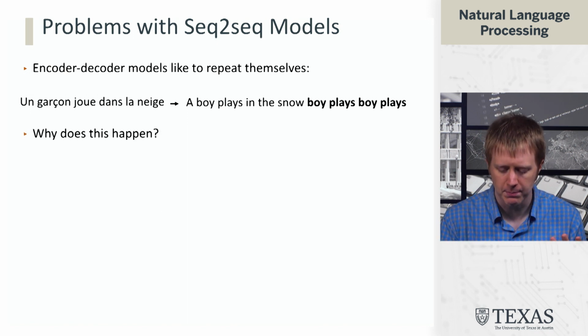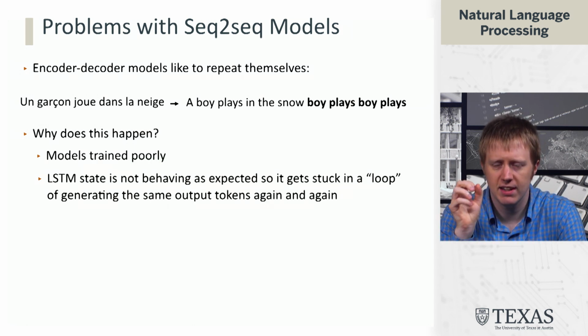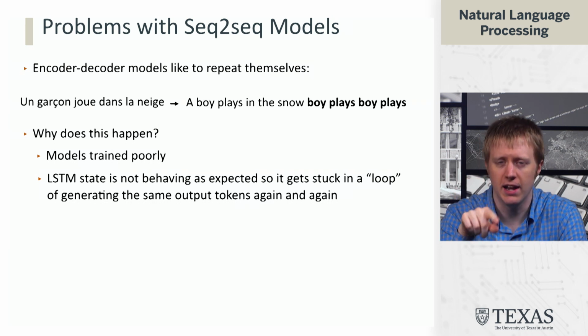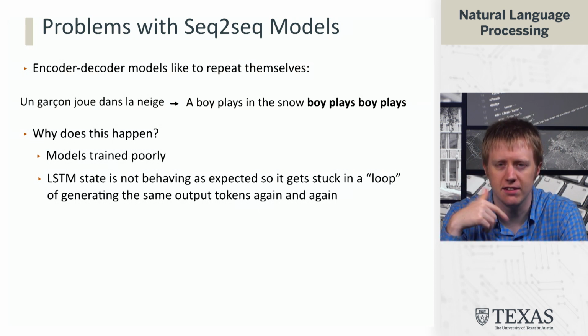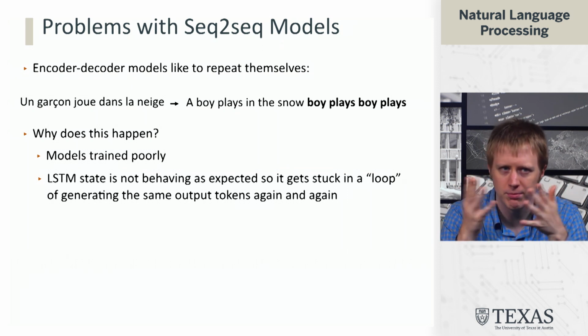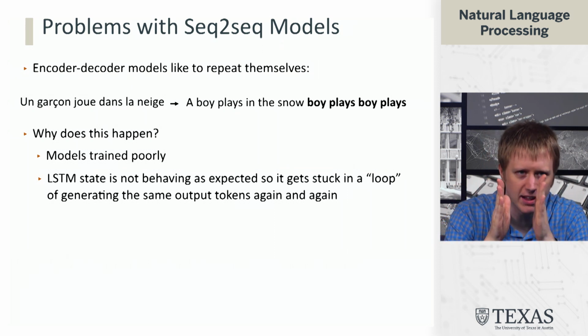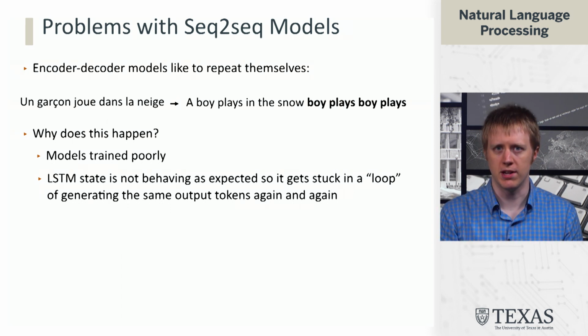And why does it happen? One reason is that if your LSTM state isn't quite right, if you're doing this with RNNs, you can get stuck in a loop where it'll generate an output token, feed that in as the next input, generate another token and feed that in. And basically based on the tokens it's seeing, it's just sort of iterating, either generating the same thing repeatedly or repeating a short phrase in this fashion.